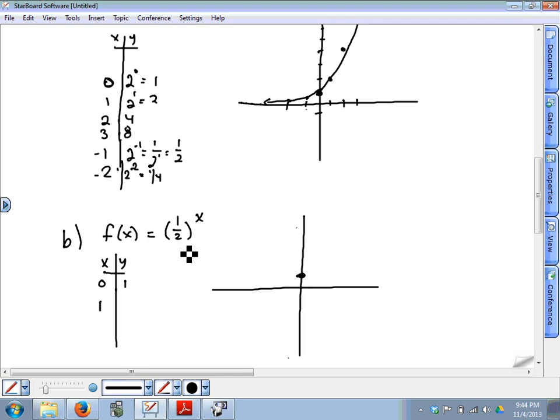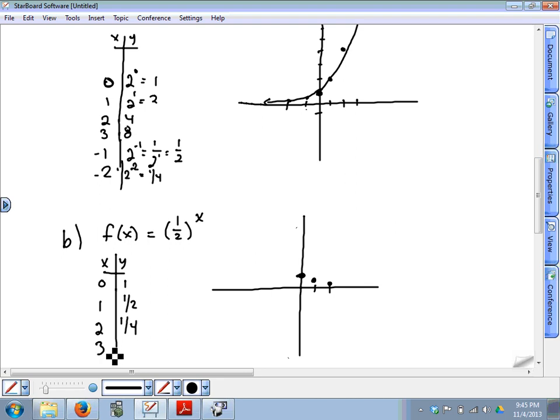Now if we let x equal 1, then we have 1/2 to the first power, which is 1/2. Right there. If x equals 2, then we have 1/2 squared, which means 1/2 times 1/2, that's 1/4. So we have (2, 1/4), which is right there.